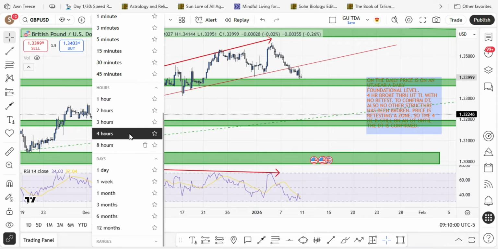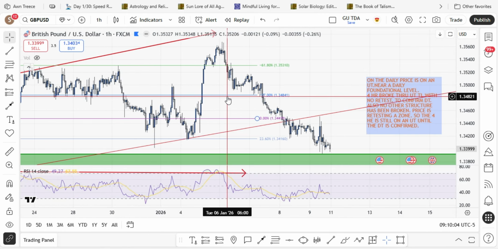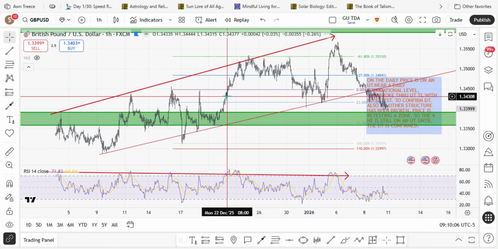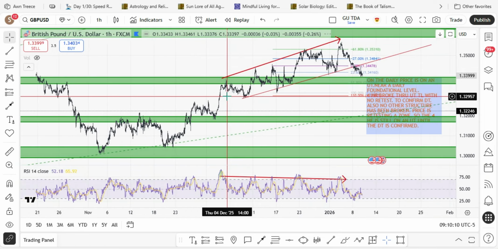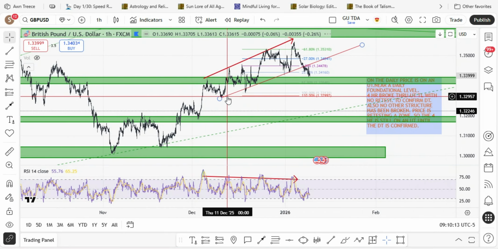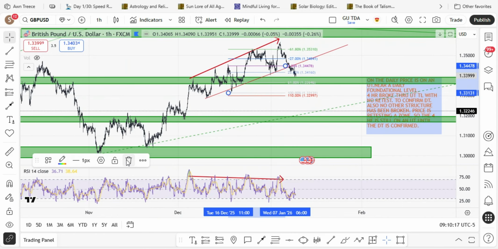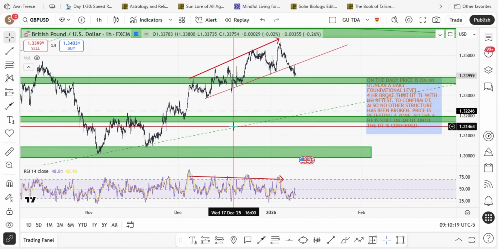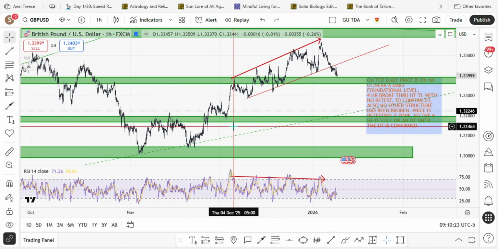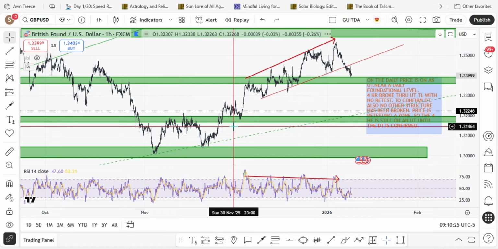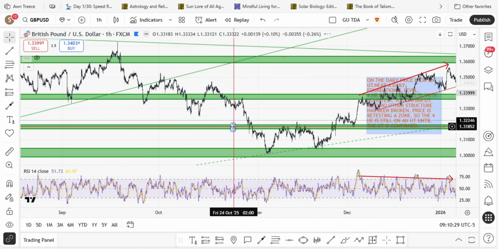Okay, so for the 1 hour, let's see, where did this come from? It's probably an old fit. Let me get rid of it for now. Not an old fit, but okay.